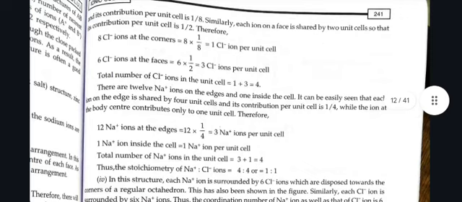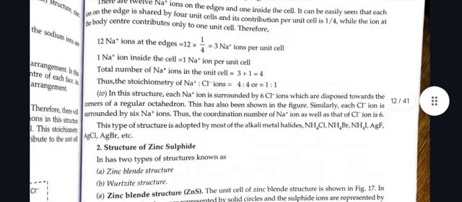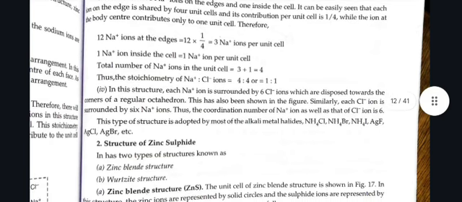There are 12 Na+ ions on the edges and 1 inside the cell. It can be easily seen that each ion on the edge is shared by 4 unit cells and its contribution per unit cell is 1/4, while the ion at the body center contributes only to 1 unit cell. Therefore, 12 Na+ on the edges equals 12 into 1/4, which gives 3 Na+ ions per unit cell. 1 Na+ ion inside the cell gives 1 Na+ ion per unit cell.